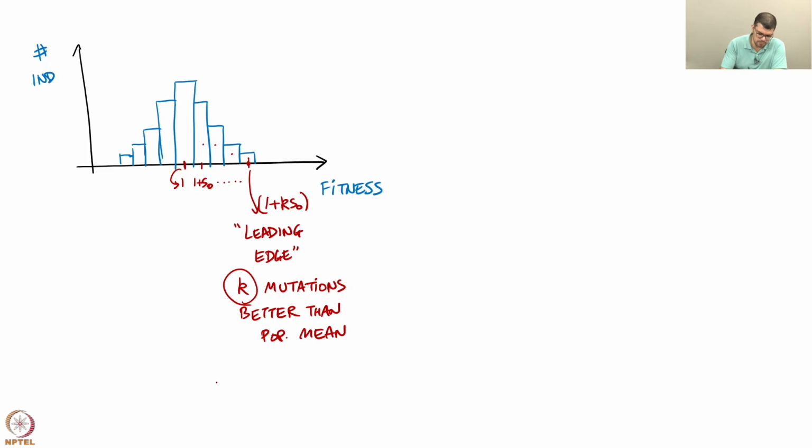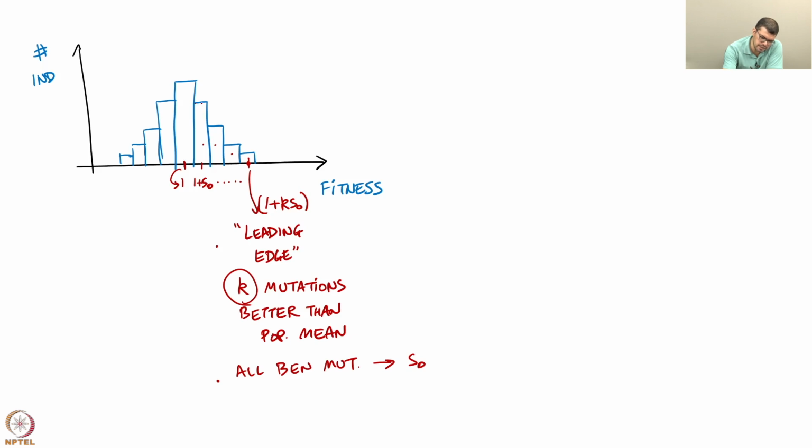We also assume, this is under the assumption that all beneficial mutations confer the same benefit S naught. The selection coefficient associated with every beneficial mutation confers benefit S naught. Under these two assumptions, let us look at this genotype for instance.